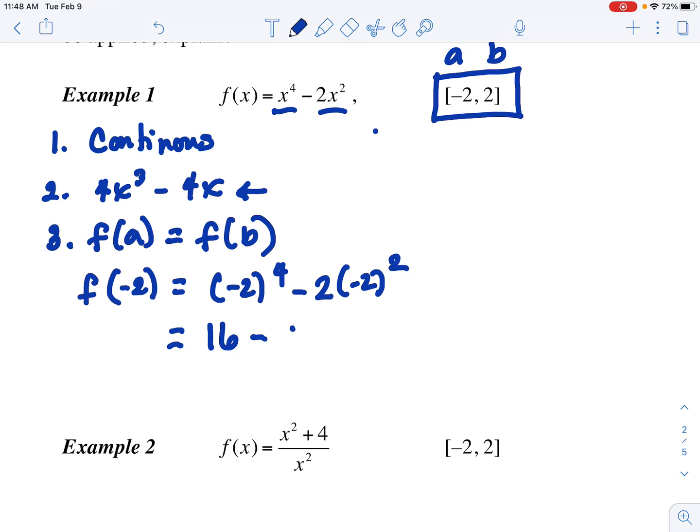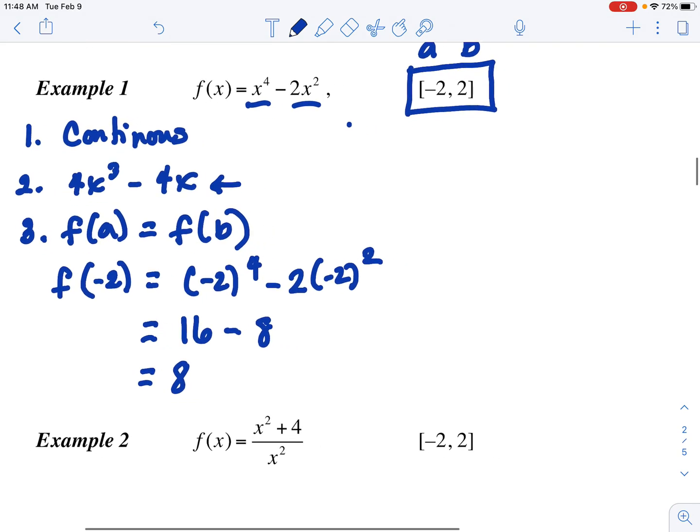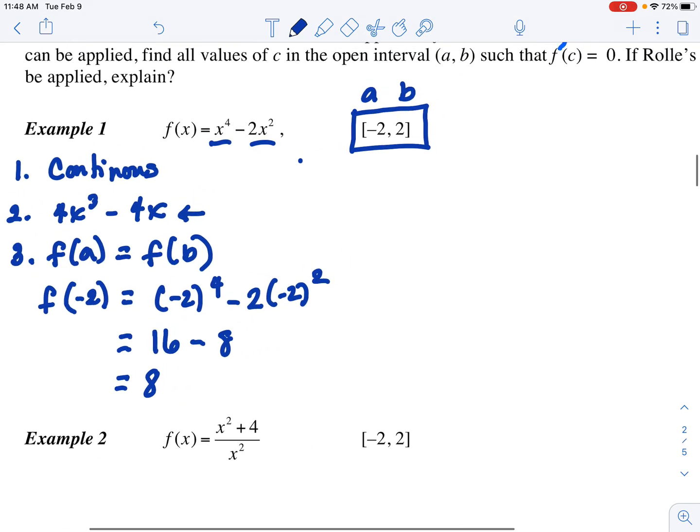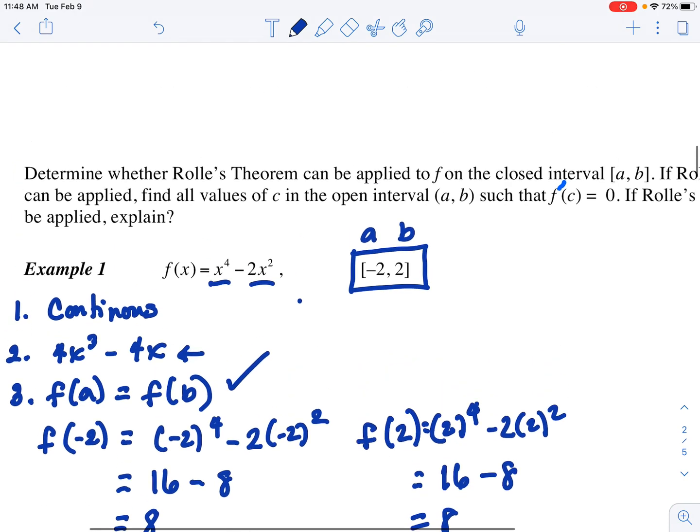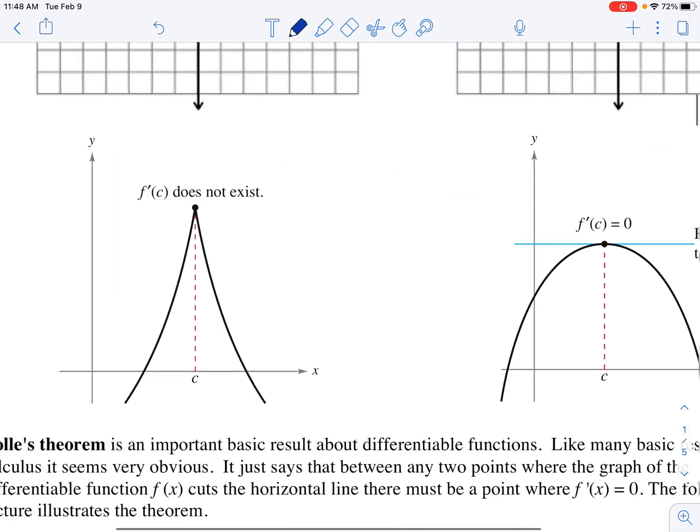Okay, so it's 8. And then f of 2 is 2 to the fourth minus 2 squared, 16 minus 8 equals 8. Okay, so that part checks out. I do want to see that work on there.